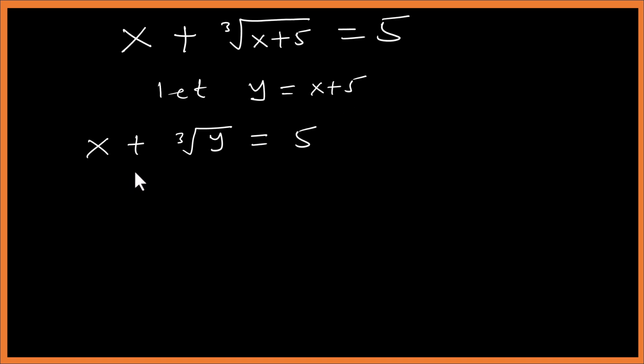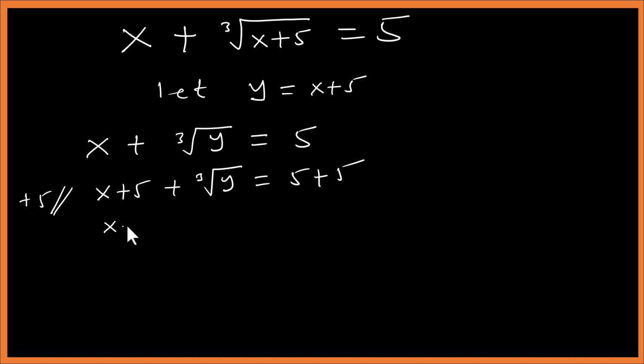So what I'm going to do here is to add 5 to both sides of the equation to make this side x plus 5. So we have x plus 5 plus cube root of y equals 5 plus 5.